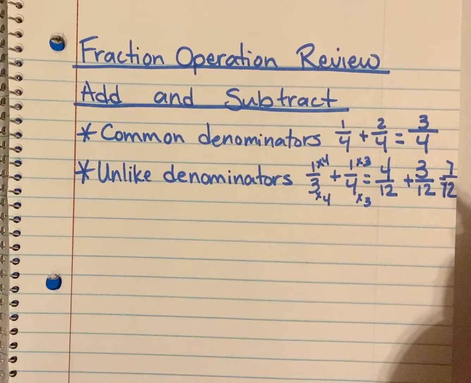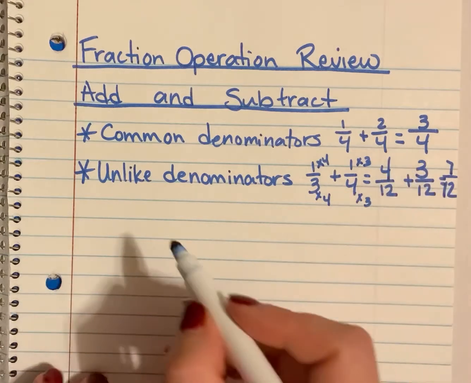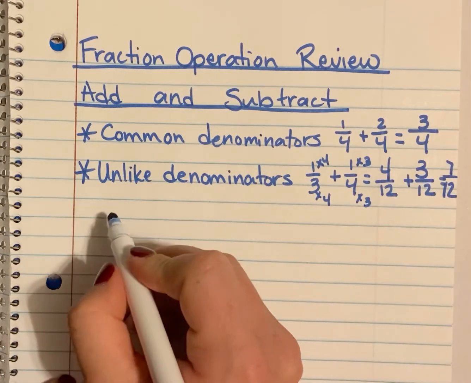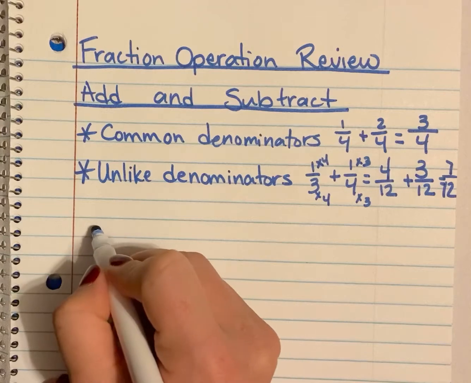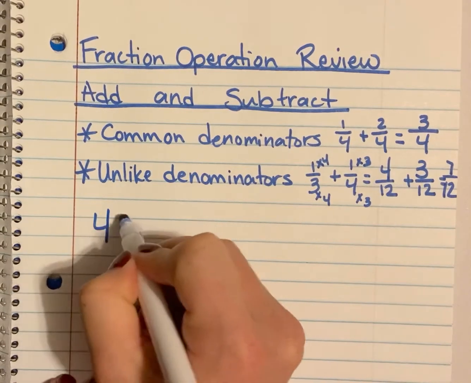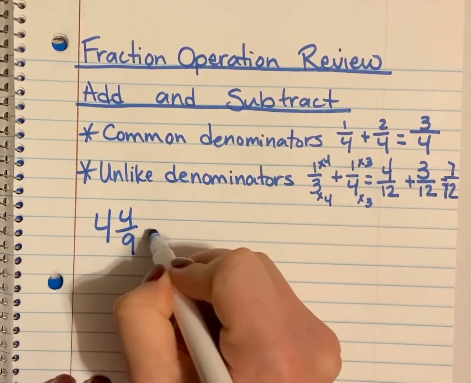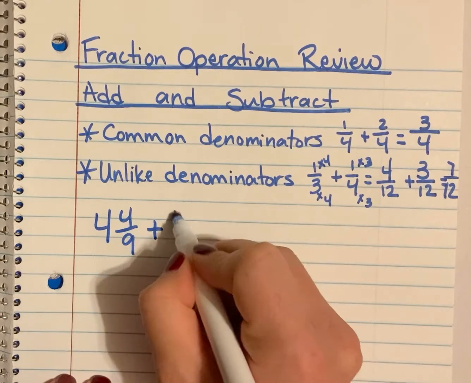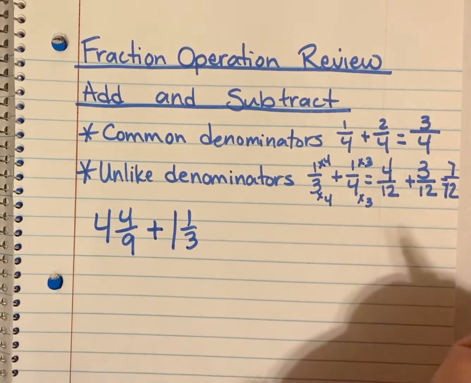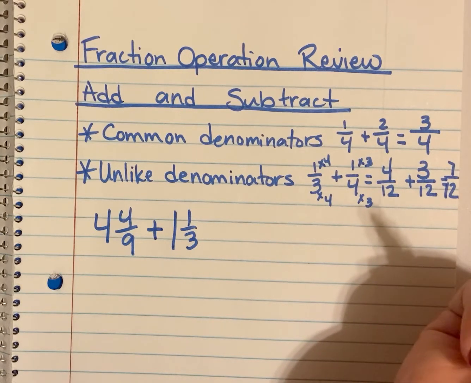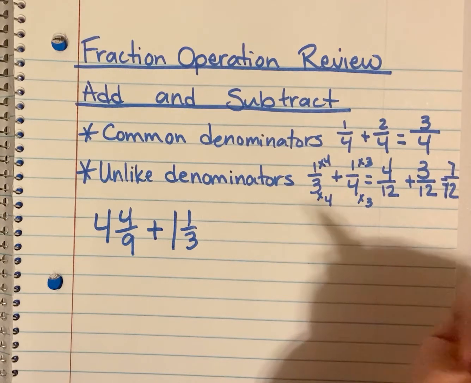What happens if you have a mixed fraction, such as 4 and 4/9, that you want to add 1 and 1/3? The first thing you must do is to change the mixed fraction to an improper fraction.